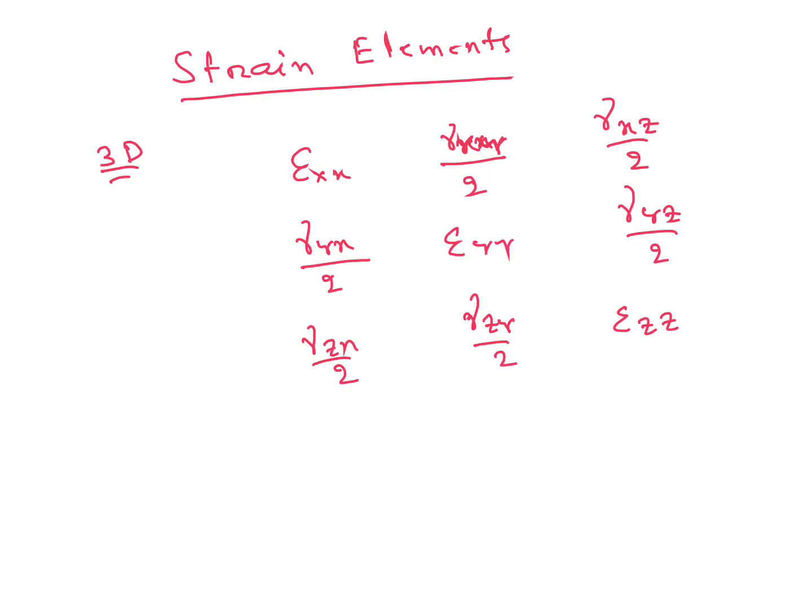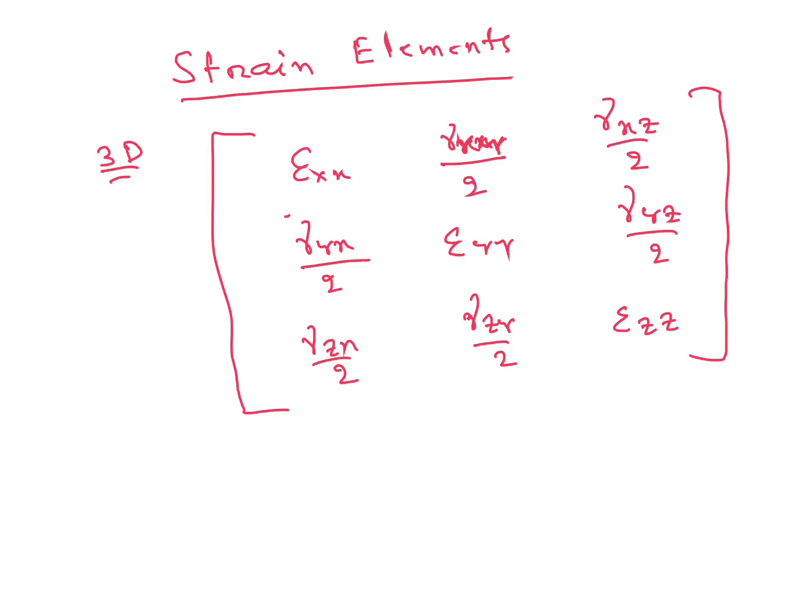This is the strain matrix for a 3-dimensional strain element. You have to remember, for shear strain it will come as half. So we are taking maximum shear strain, it's the diameter of the Mohr circle.